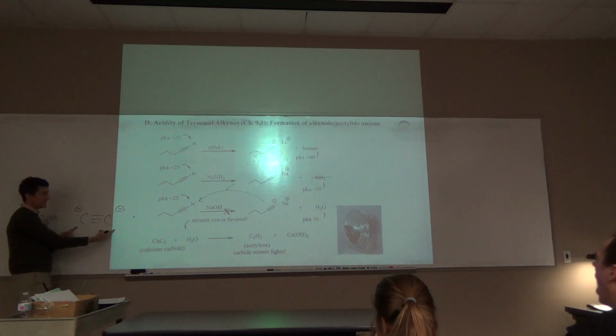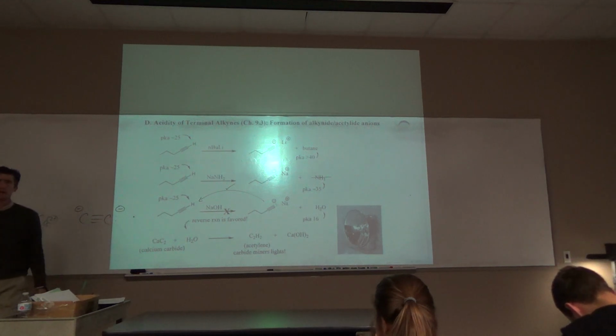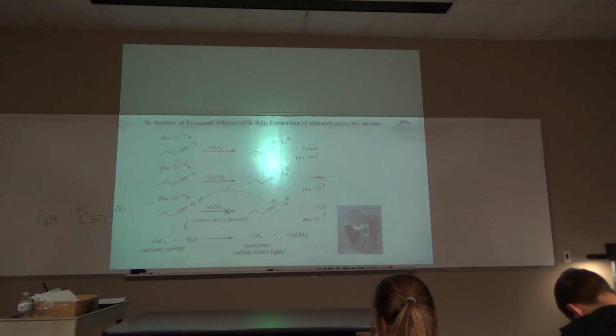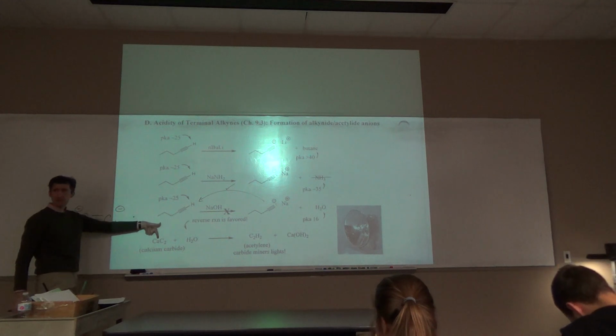Right? Now, calcium carbide can be made from base compounds like calcium oxide and carbon, heated up. A lot of these high temperature reactions have been done for 500 years, thousands of years before they even knew what they were doing. But this can be produced on a mass scale.